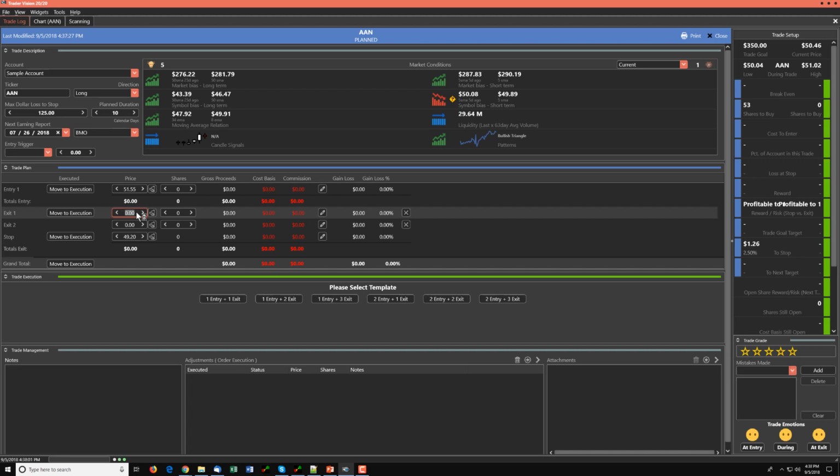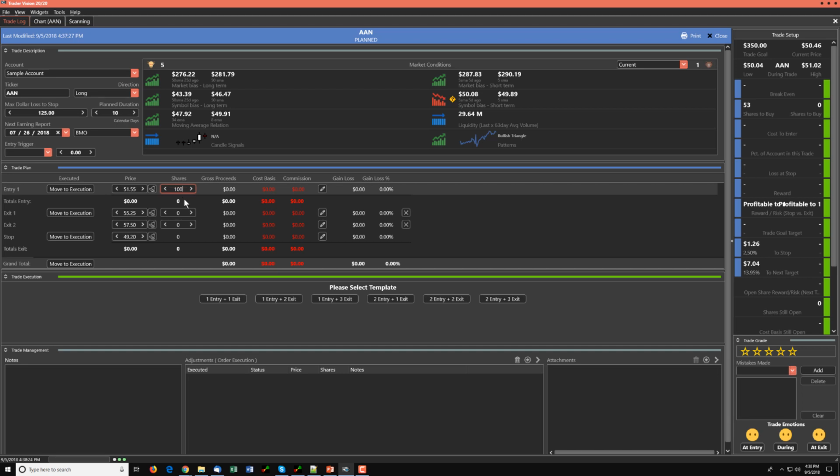And let's see. My first target was at 55.25, and my second target was at 57.50. So with this particular account, it says we can only do about 53 shares.